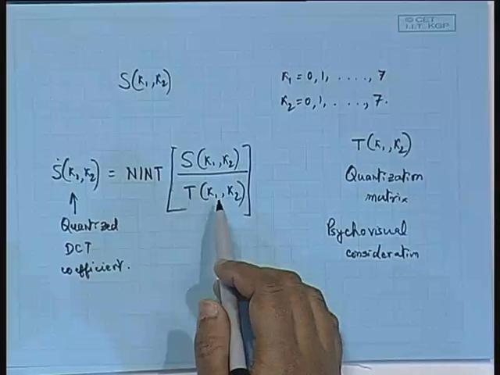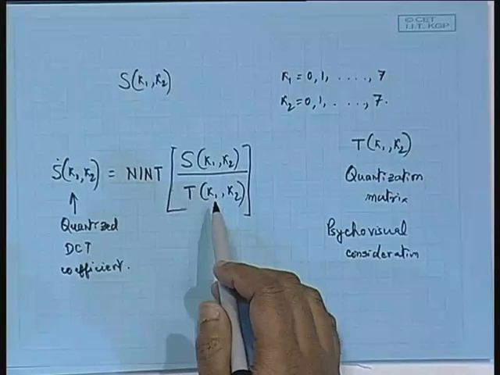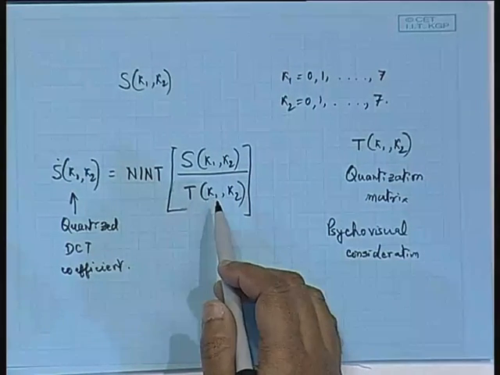What I mean to say is that, do not think that we will always be doing S k1 k2 divided by T k1 k2. In fact, it is possible that we can apply some scaling in the quantization process also. For example, if we decide to multiply this T k1 k2 by a number other than 1, that means we are incorporating some scaling.